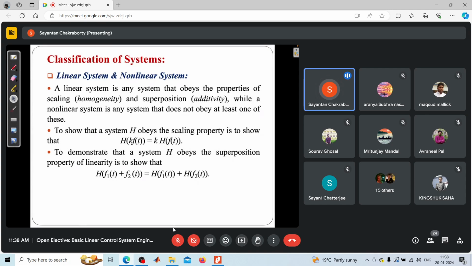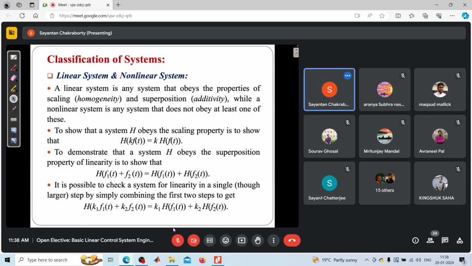So these two properties can be combined to represent it like this. Given an input k1 f1 plus k2 f2, the output will be k1 times the output due to f1 plus k2 times the output due to f2. If a system satisfies this condition, then it's a linear system.